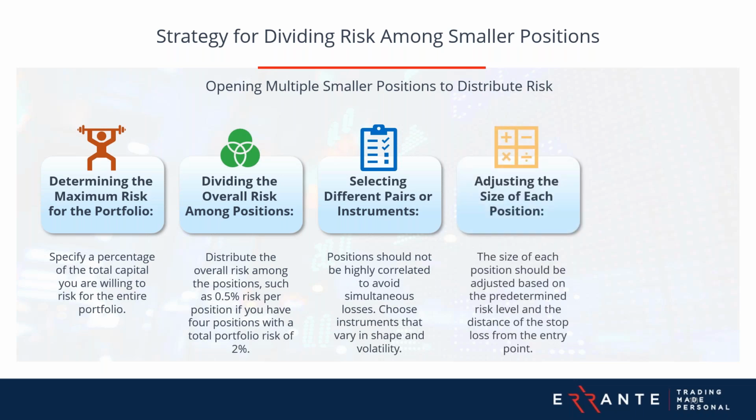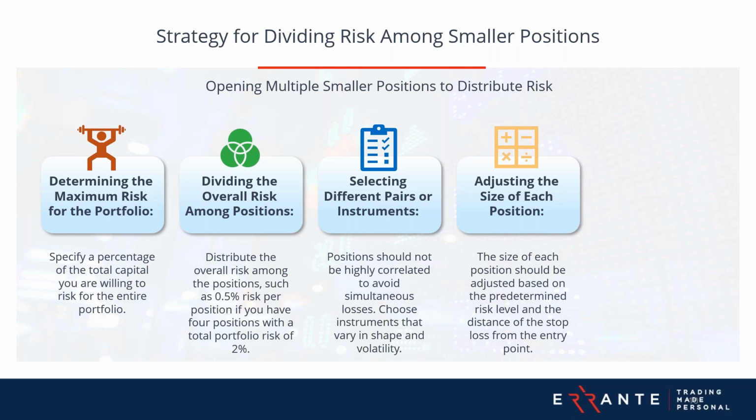And the next step is, when determining the size of each position, we base it on the remaining risk from our maximum acceptable capital risk. This method and this approach ensures that our free margin remains aligned with our risk management strategy, automatically helping us avoid margin calls.